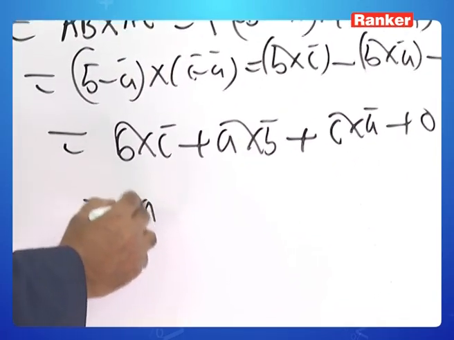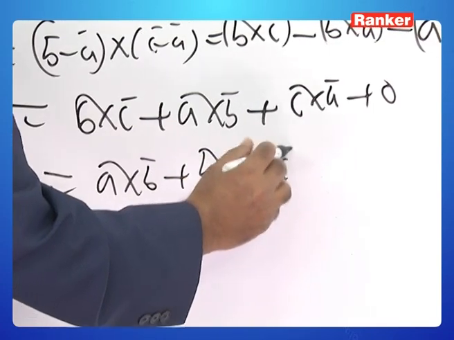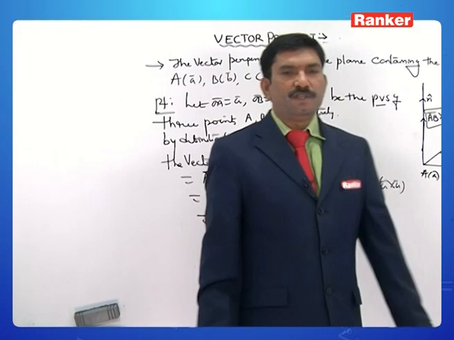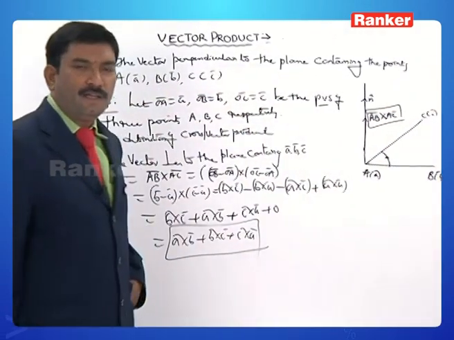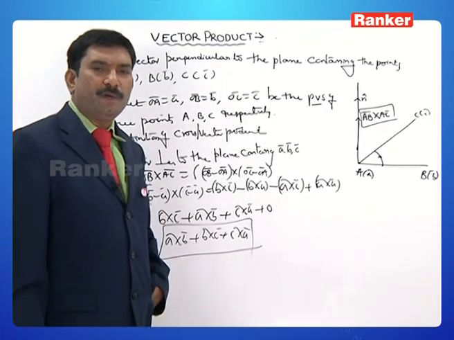I can write A cross B plus B cross C plus C cross A, which is the vector perpendicular to the plane containing A of A bar, B of B bar, C of C bar.